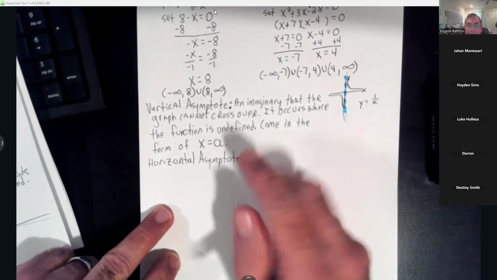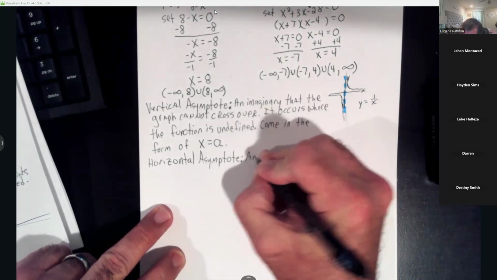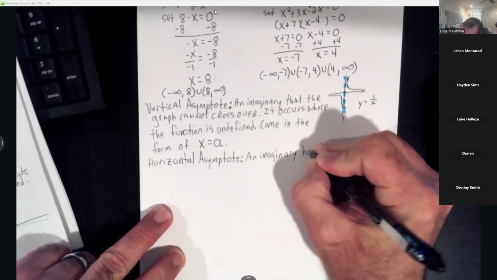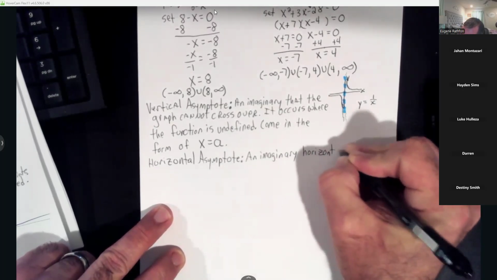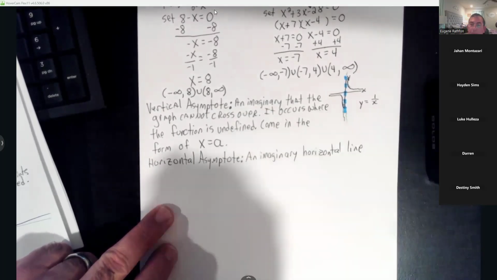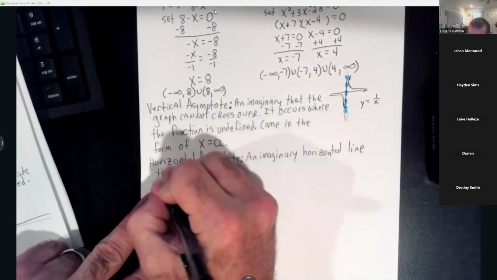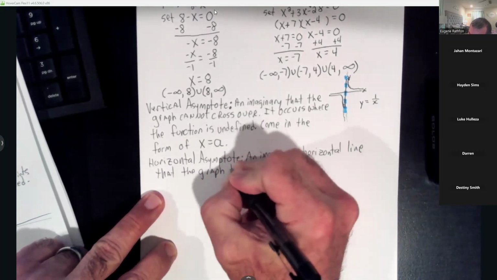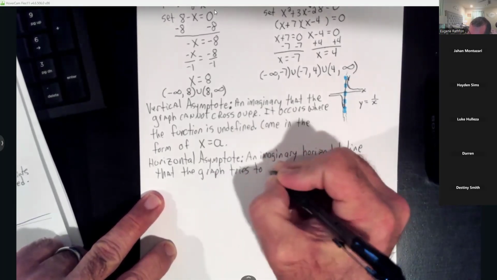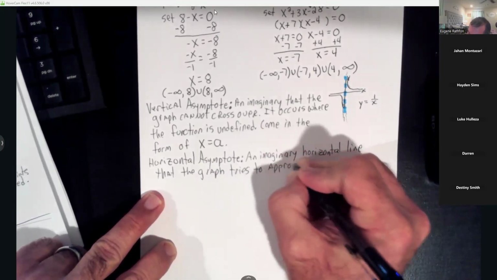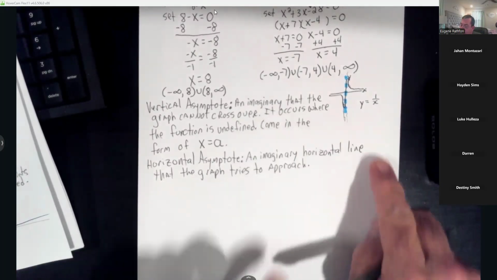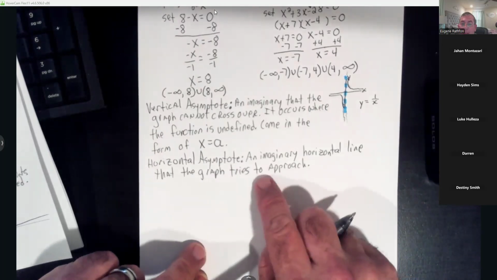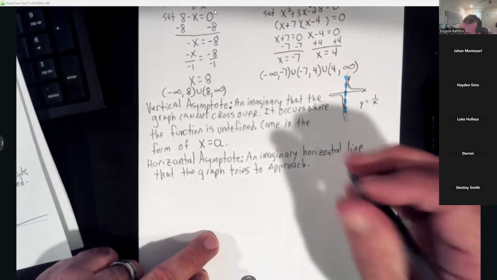This is an imaginary horizontal line that the graph tries to approach. So as my x's go further and further out, the graph tries to approach this imaginary horizontal line.